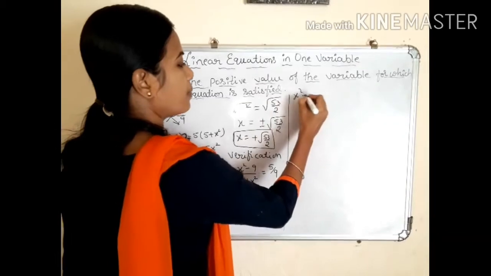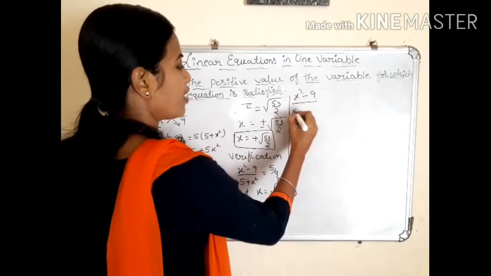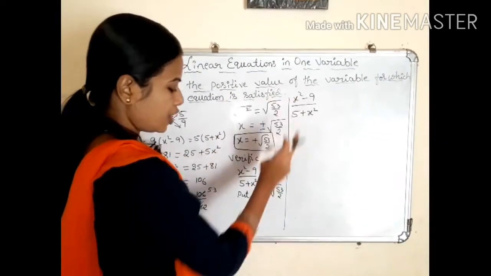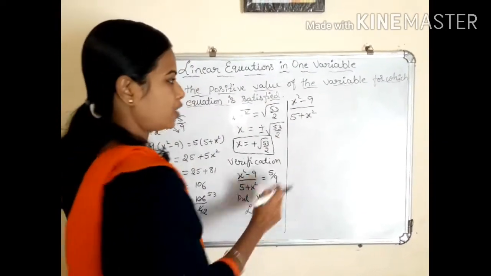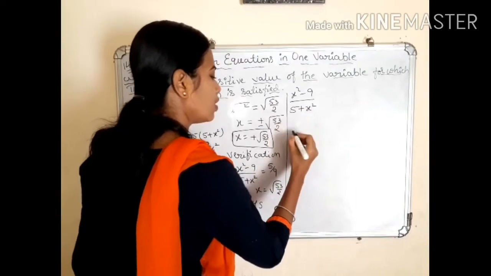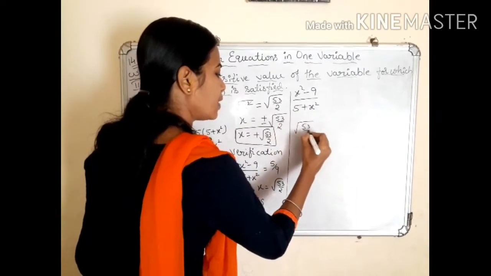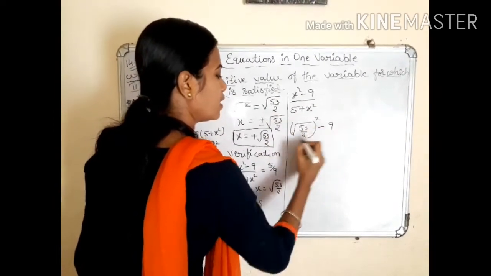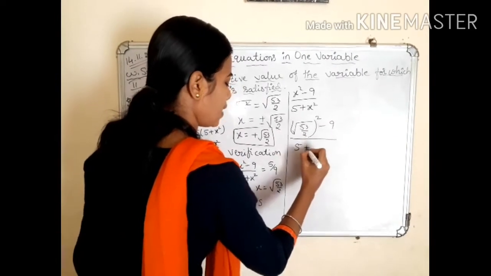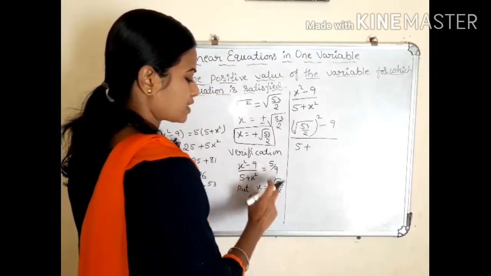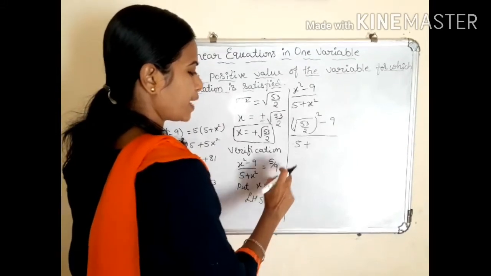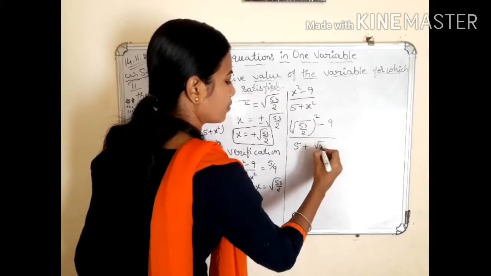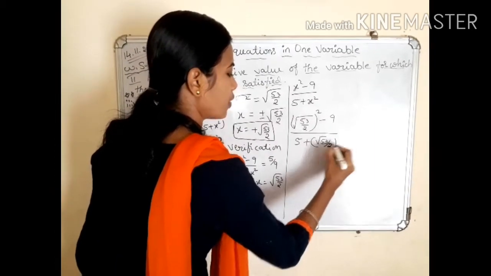x² − 9 divided by 5 + x². This is the LHS. Wherever x is there, you have to write √(53/2). So (√(53/2))² minus 9, divided by 5 plus again x², whose value is (√(53/2))².